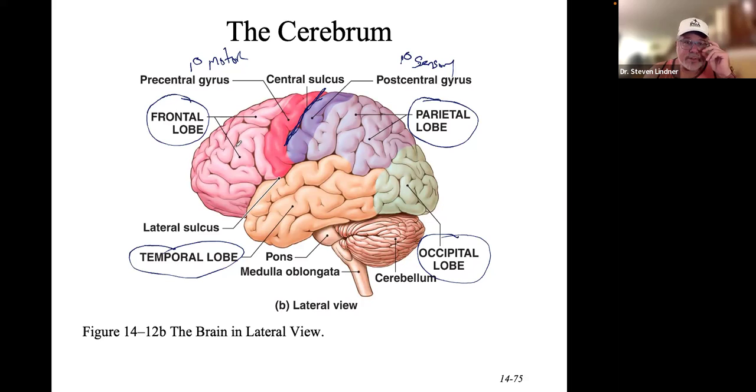Your frontal lobe is also dealing with your ambition, your drive, your emotional state. If you're depressed, if you have OCD, these are all frontal lobe. Anger management issues are part of the frontal lobe issues.